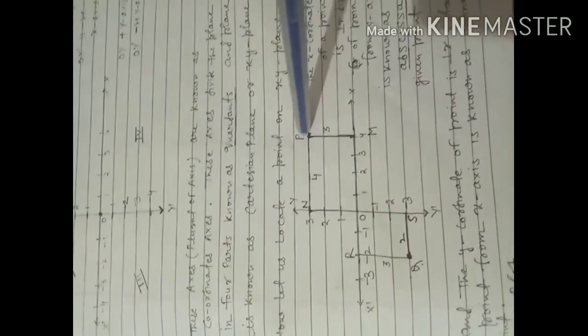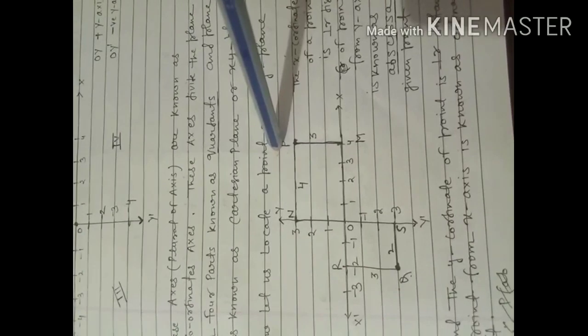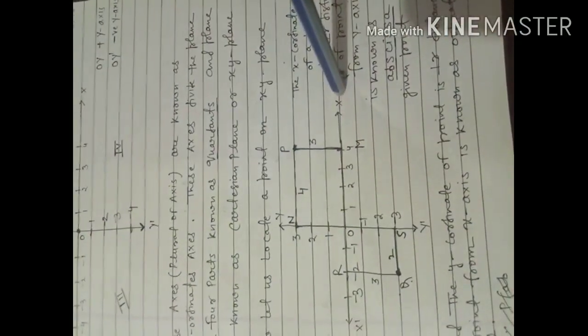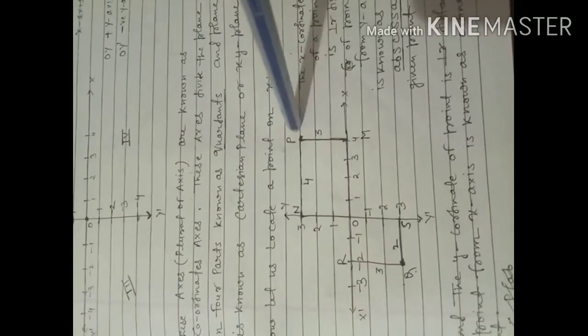I am repeating, the perpendicular distance from a point to the x-axis is known as the ordinate of the point, and the perpendicular from the point to the y-axis is known as the abscissa.